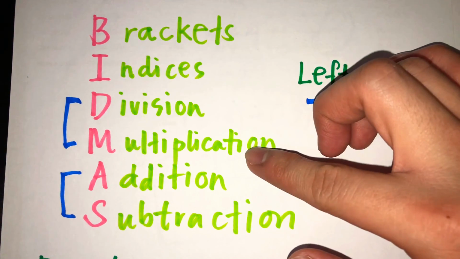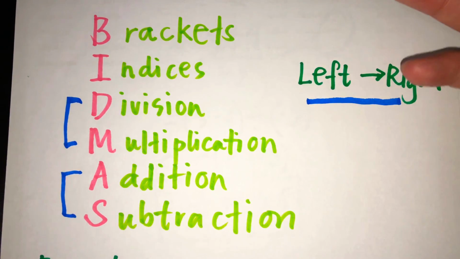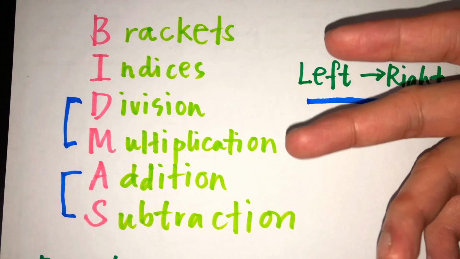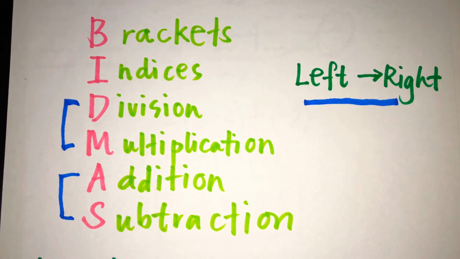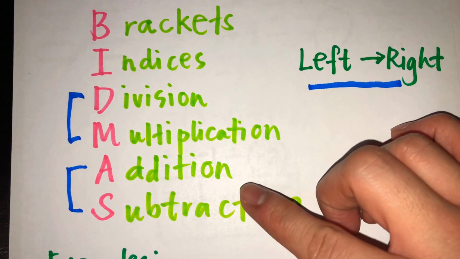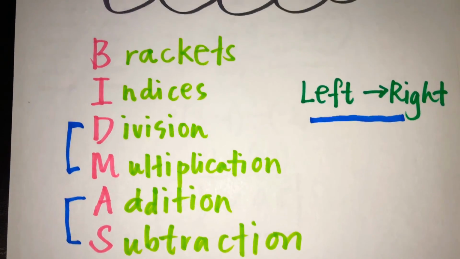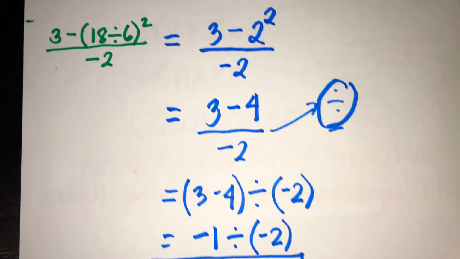Again, division and multiplication can be interchanged, so you can have multiplication first or division first. It depends on which one is at the left and which one is at the right. Then also for addition and subtraction, this can be interchanged. So that's our lesson for today.